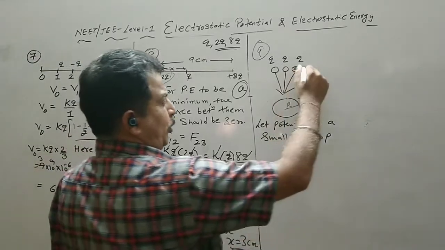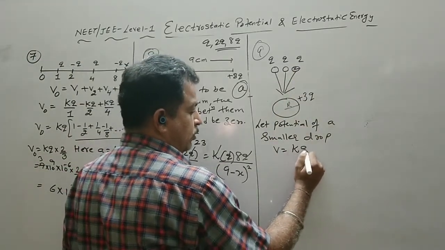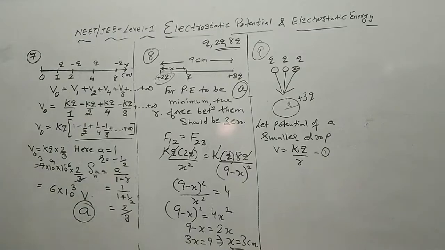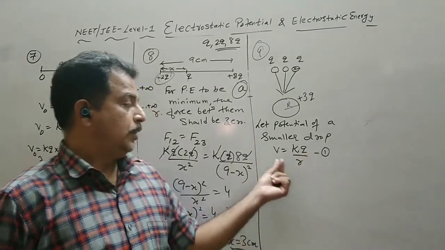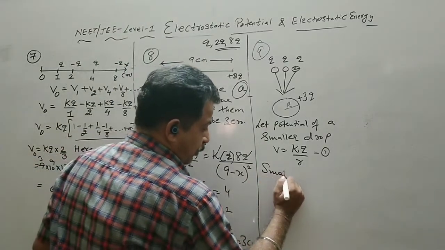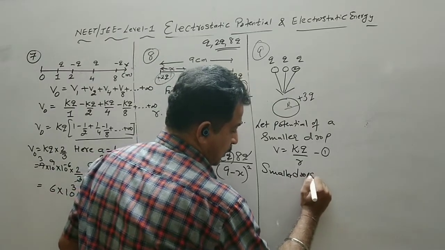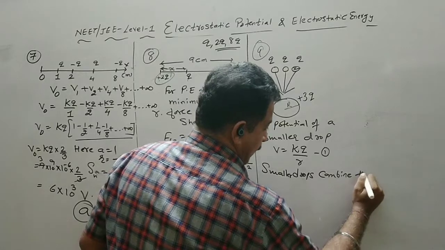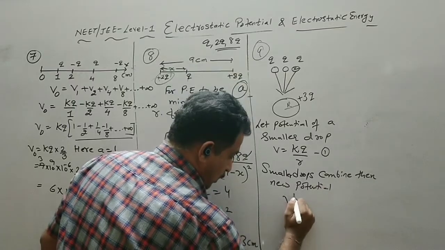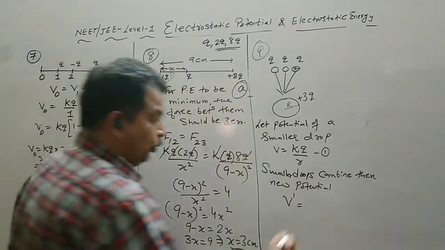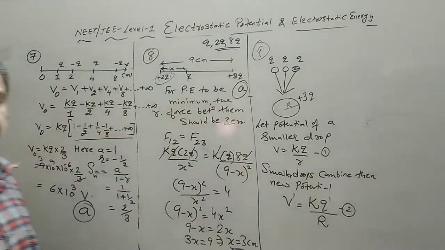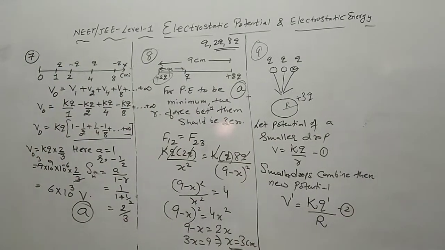The potential of a smaller drop, V, is equal to K times the charge upon its radius, K q upon r. That is equation number 1. Now the smaller drops combine, then the new potential, let us denote it by V dash, should be equal to K Q dash upon capital R. This is our equation number 2.